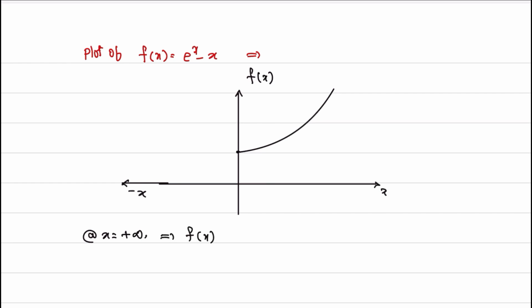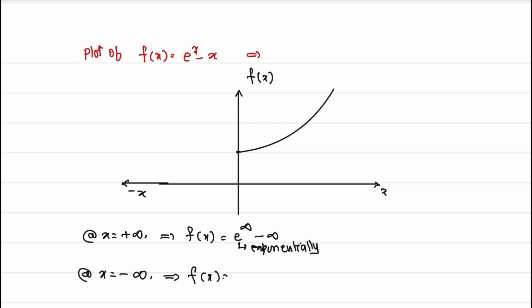For x going from greater than 0 up to infinity, what happens? Function x is equal to e to the power of infinity minus infinity. That means e to the power of infinity is infinity. It has no finite value, it is asymptotically increasing because it is increasing exponentially. Then at x equal to minus infinity, what happens?